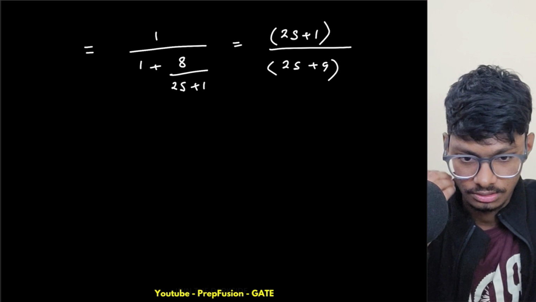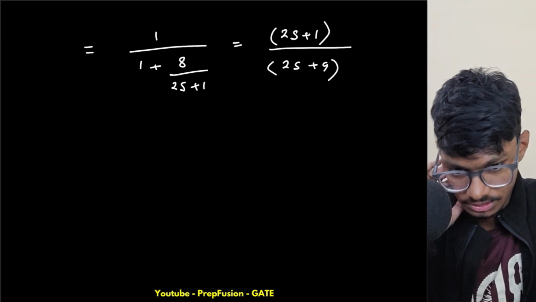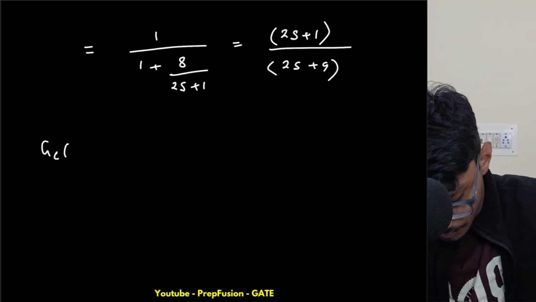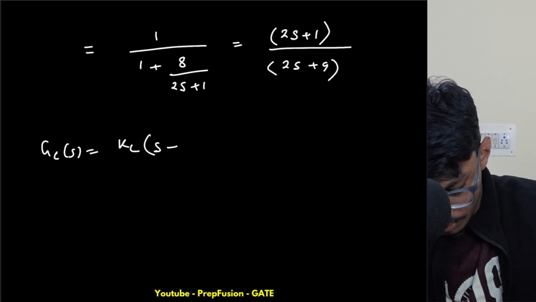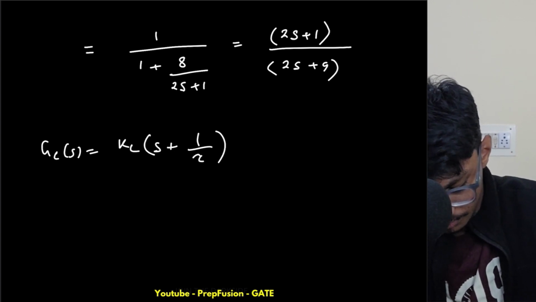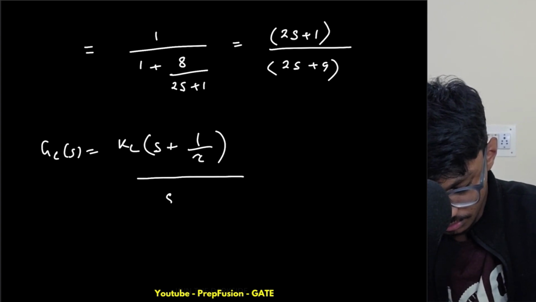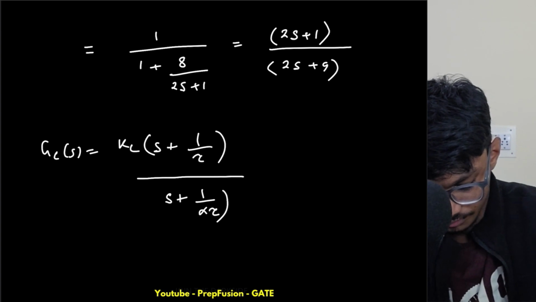So what is the standard form? If I recall, it is something like GC of S equals Kc times 1 plus tau S divided by S plus 1 by alpha tau.